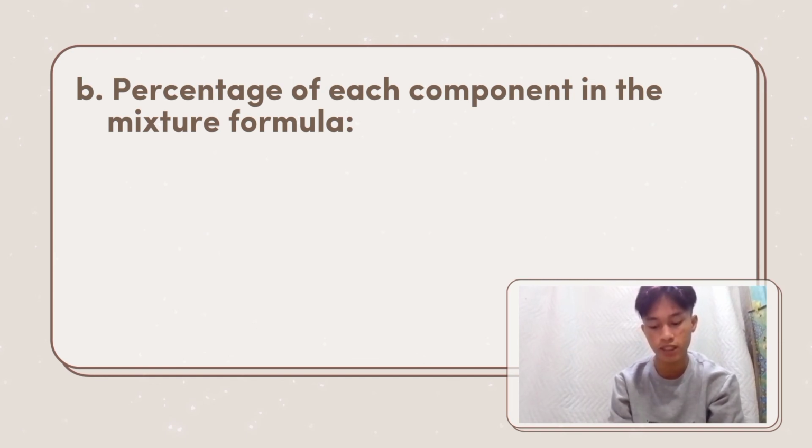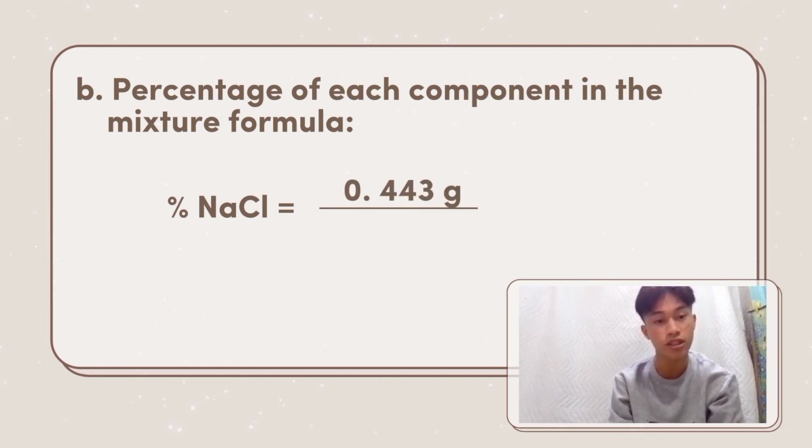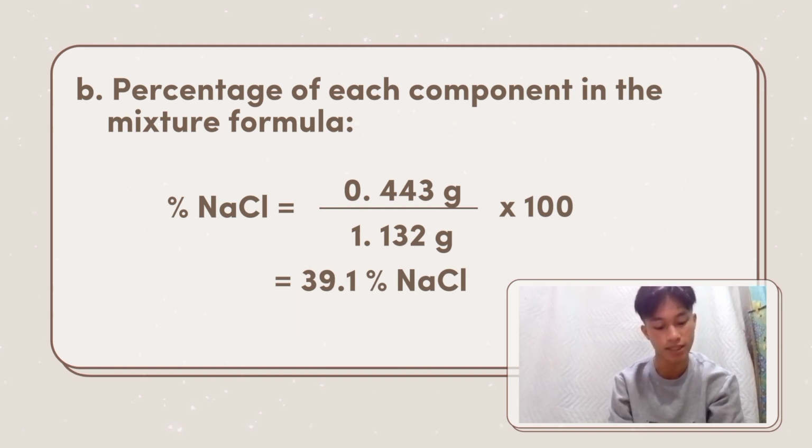For the percent of sodium chloride, it is 0.443 grams divided by the 1.132 grams of initial sample, multiply by 100. Our answer is 39.1% sodium chloride.